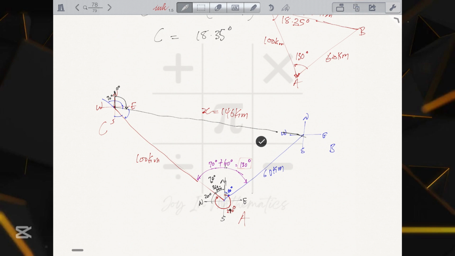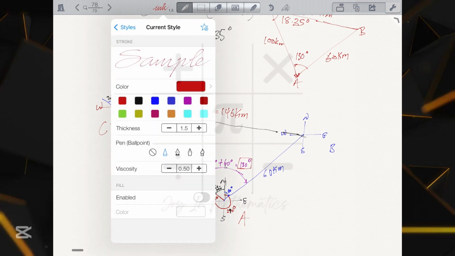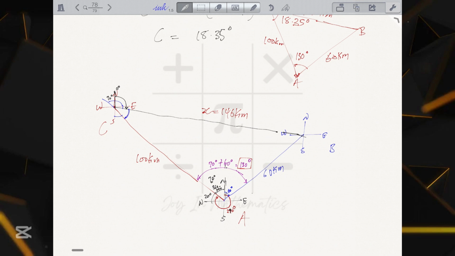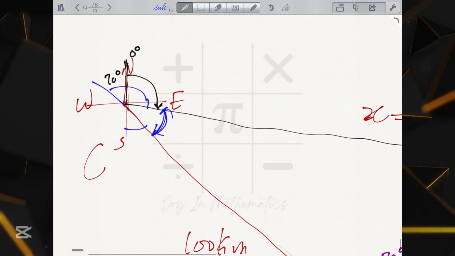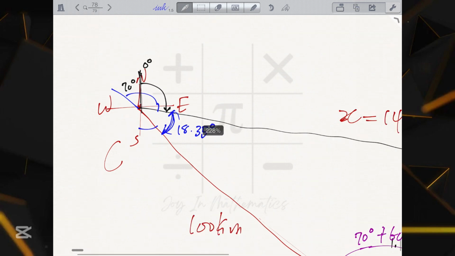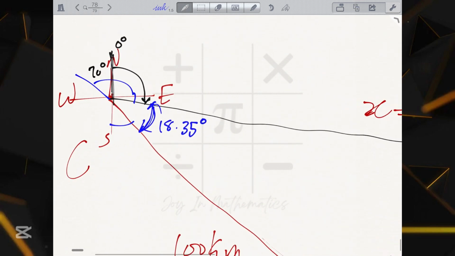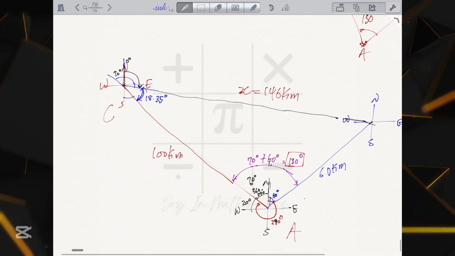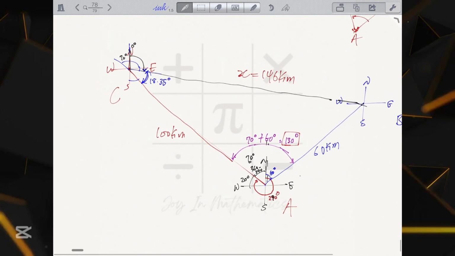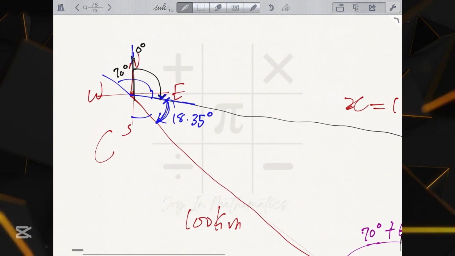Similarly, the angle at point C, this angle here, is equal to 18.35 degrees. Now we are looking for this angle from the north down to the position of this line, and we find it by corresponding angles. That's 70 degrees, which is the angle that we got from 290 degrees, the same angle here.